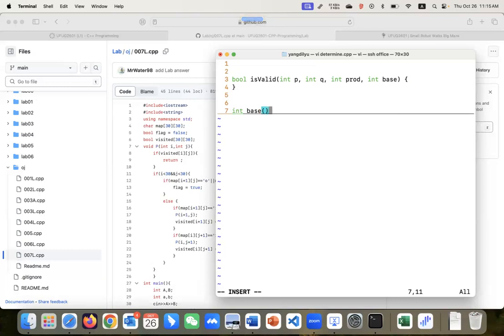In this function, what I need is just a for loop. I could for loop to try i from maybe 3, I just give it a random number, i less than, for example, 16, and i plus plus.